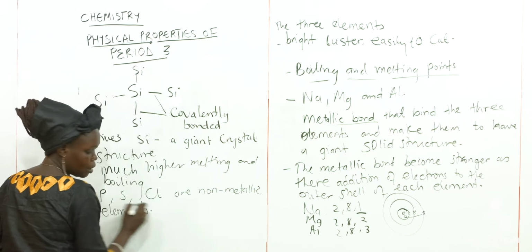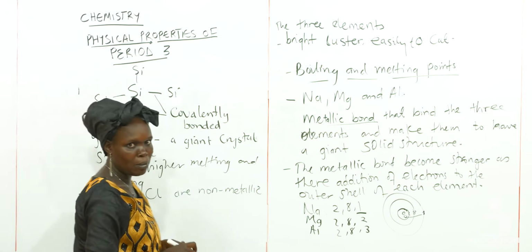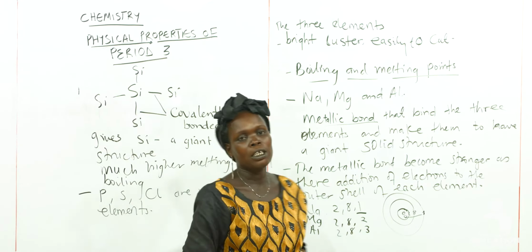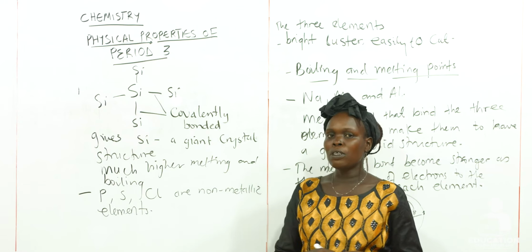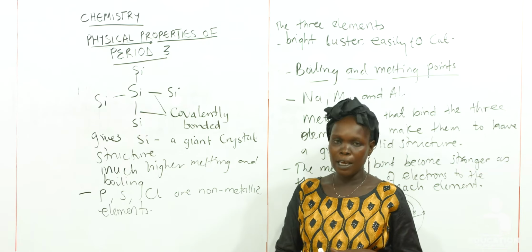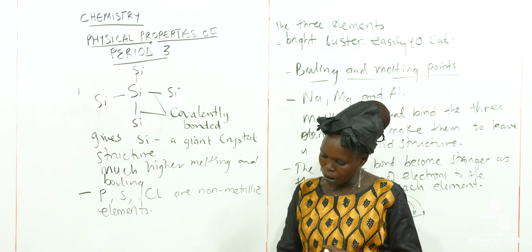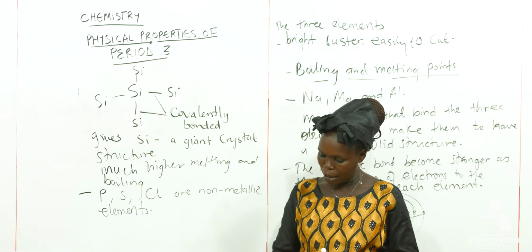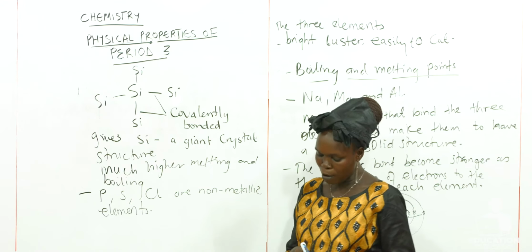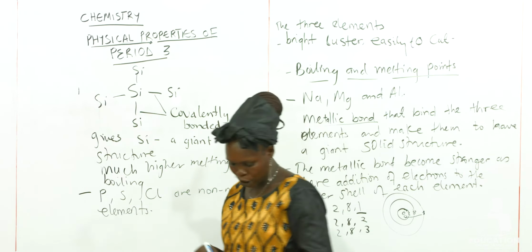Remember that non-metallic elements gain electrons to fill up their outermost shells. So these non-metallic elements are made up of simple molecular structures.